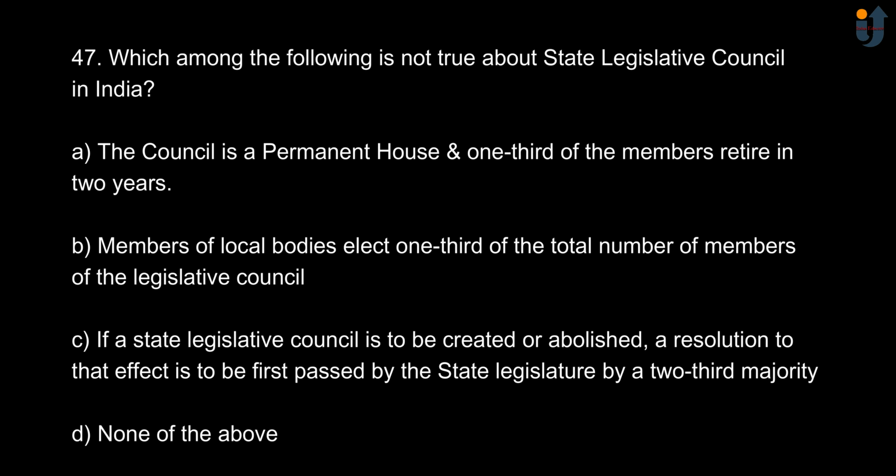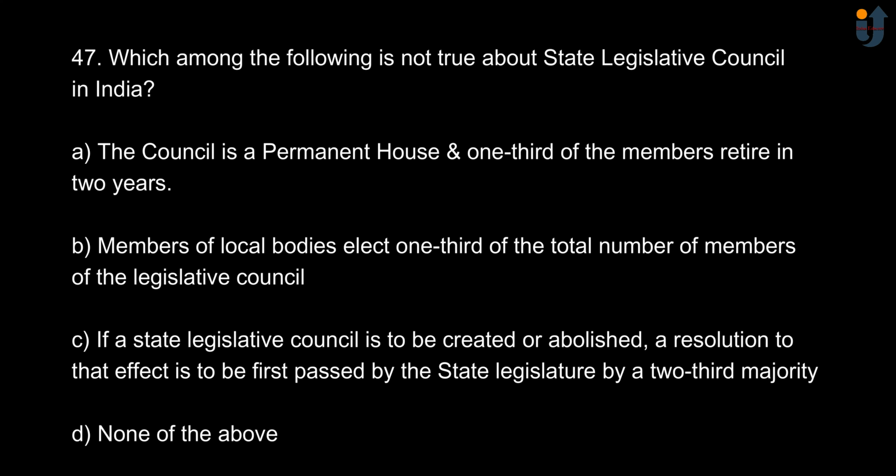Next, which among the following is not true about State Legislative Council in India? Option A, the council is a permanent house and one-third of the members retire in 2 years. Option B, members of local bodies elect one-third of the total number of members of the Legislative Council.